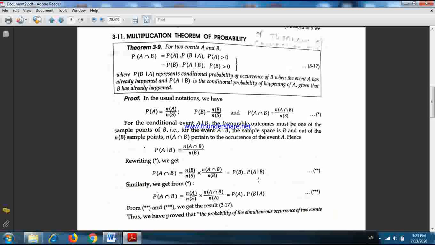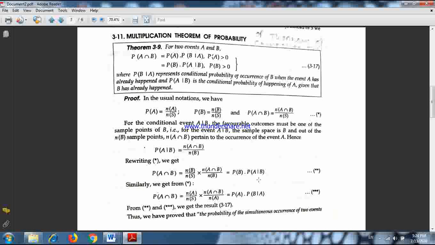This is P(A given B). Similarly, we can rewrite this star, that means probability of A intersection B, this way also. And what is this n(A) upon n(S)? This is P(A), and n(A intersection B) upon n(A), this is P(B given A).